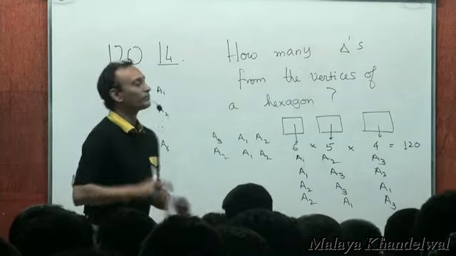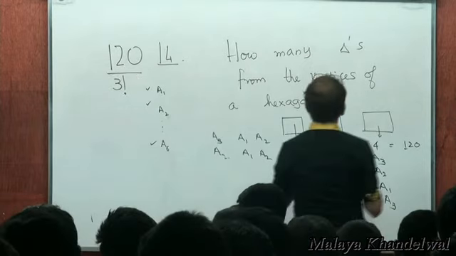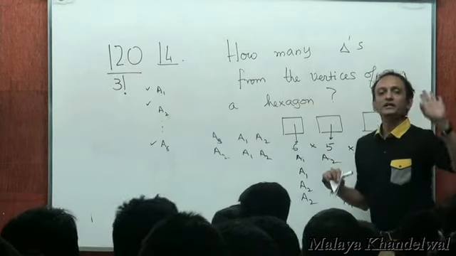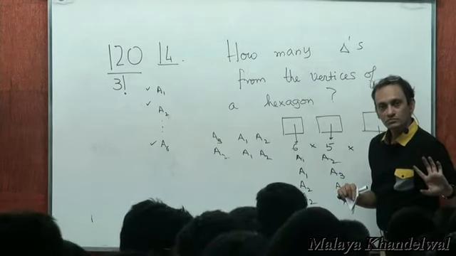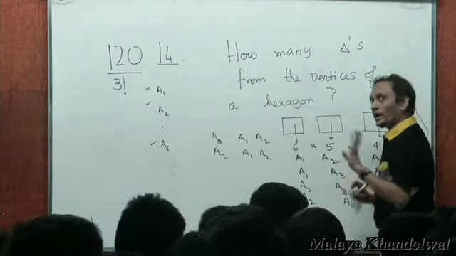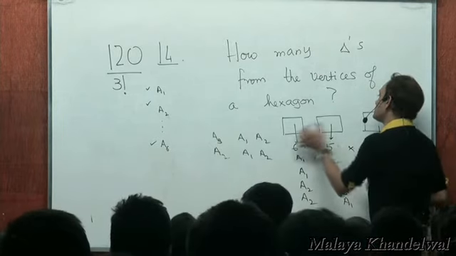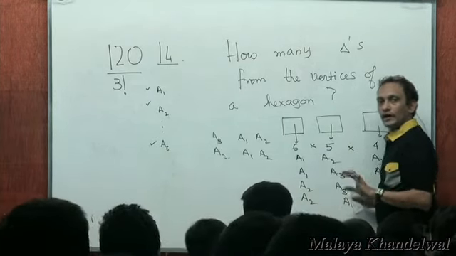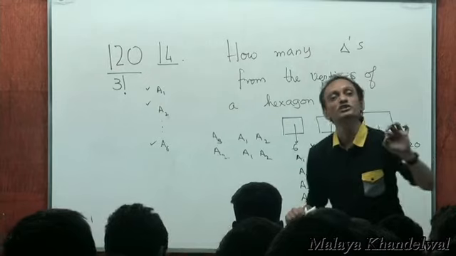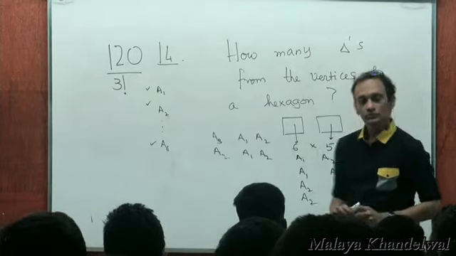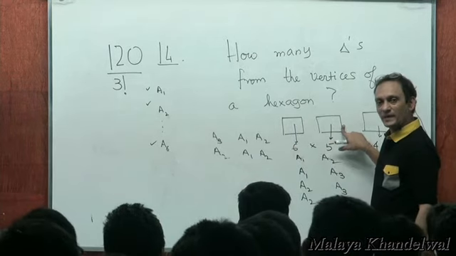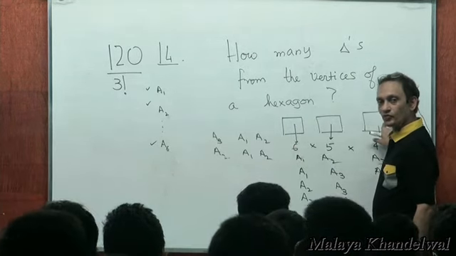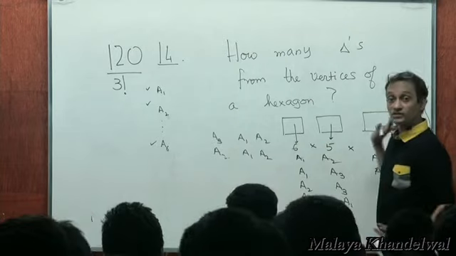Right? See, creating a triangle means what? Choosing 3 vertices. So I take 3 spaces and fill them with the vertices I want to select. The first space I fill up in 6 ways, second space in 5 ways, third space in 4 ways. 120 ways.